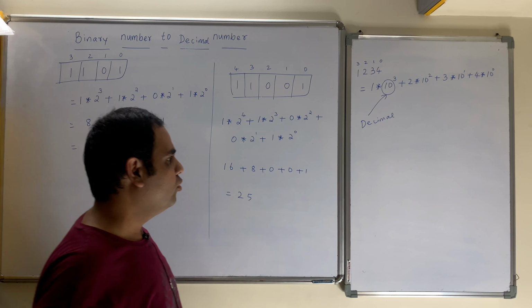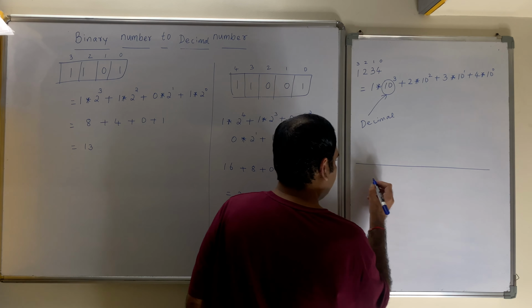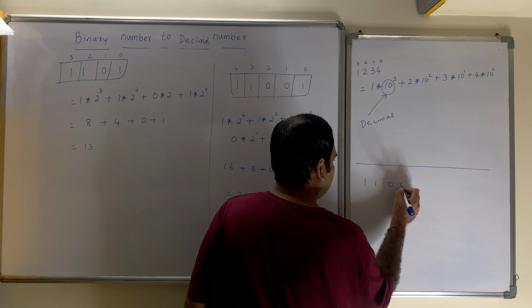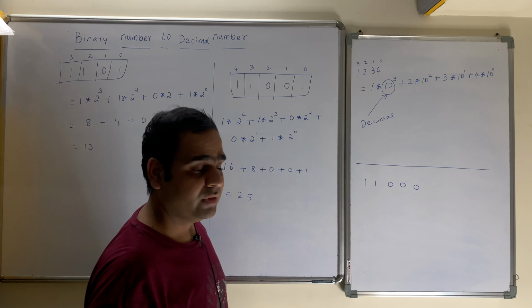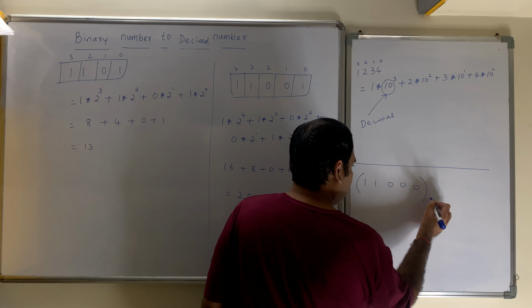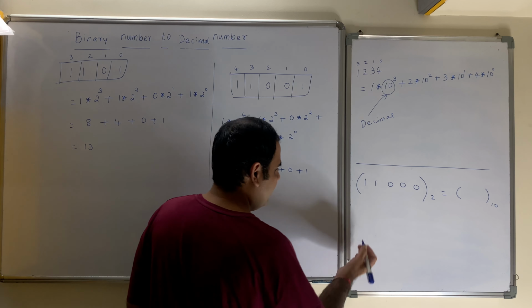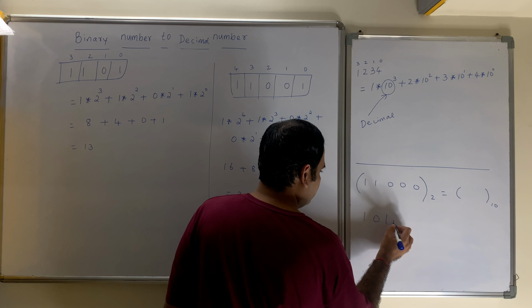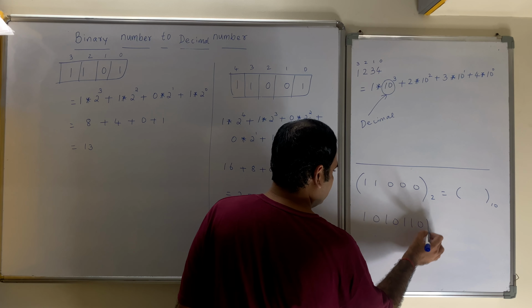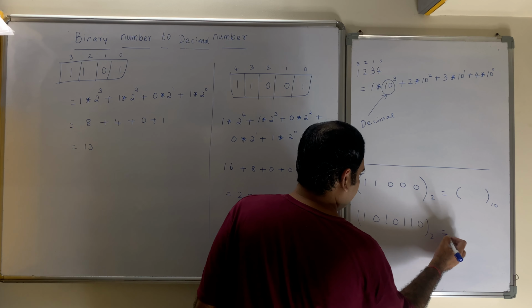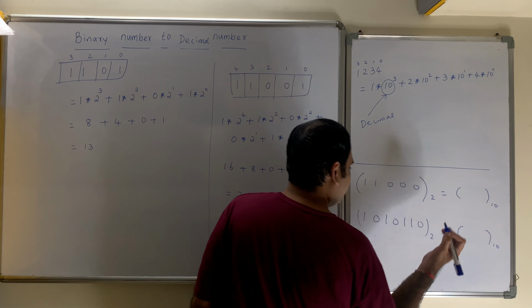Similarly, I want you to calculate what is 1100000. This number is in binary. I want you to convert this to decimal, and take another number, 1010110. This number is in binary. Convert this number to decimal.